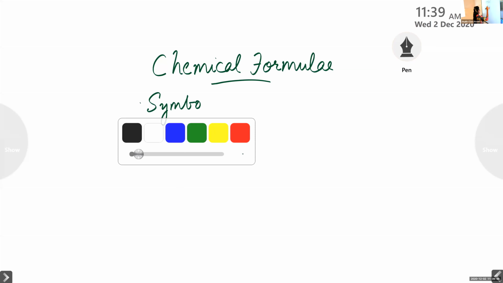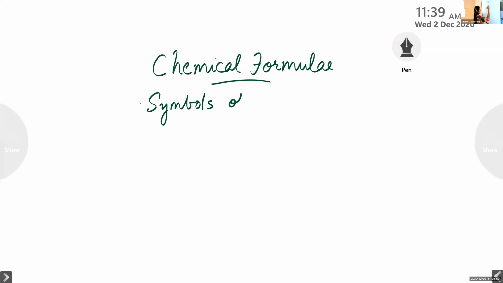Symbols of elements present in that compound. That's the first one. Then the next one, the combining capacity of elements.